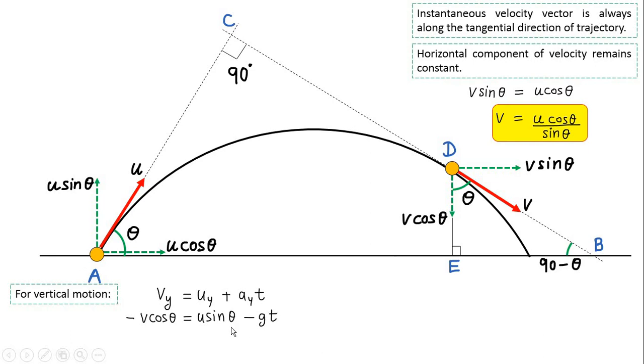Let us find out. For solving this equation, set this minus gt on the left side and bring this minus v cos theta to the right side. So gt goes to this side and becomes gt, and u sin theta, and this minus v cos theta comes to this side and becomes plus v cos theta. In the next step we will substitute the value of v.